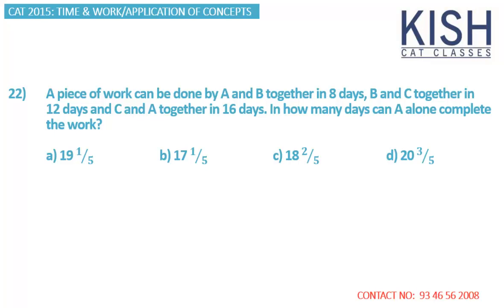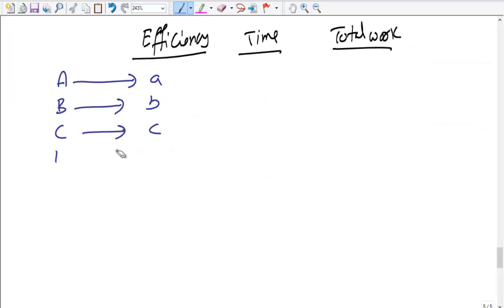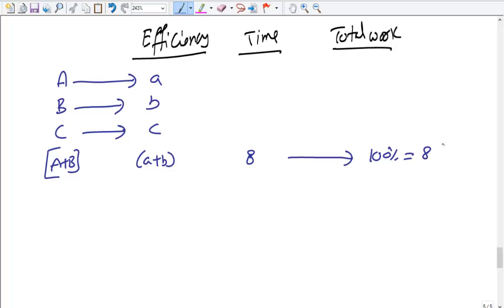Now A and B working, their efficiency would be small a plus small b, and the time taken by them is 8, so total work, which is 100%, must be equal to 8 times (a plus b).